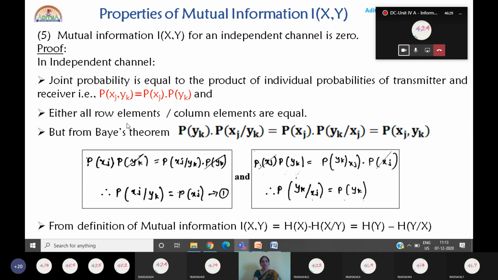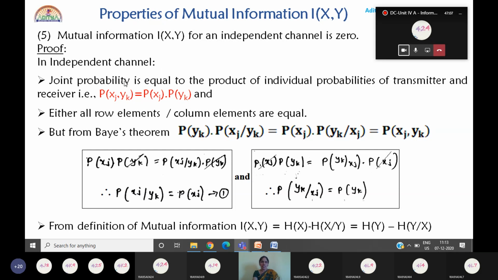Whatever may be the position of the element in the row, row 1 elements equal row 2 elements, and the third row, fourth row, all the elements should be equal. Similarly for columns, either all row elements or all column elements can be equal. The first column elements equal the second column or third column, fourth column. So all the column elements are equal, or all the row elements are equal. These two are the conditions for an independent channel.